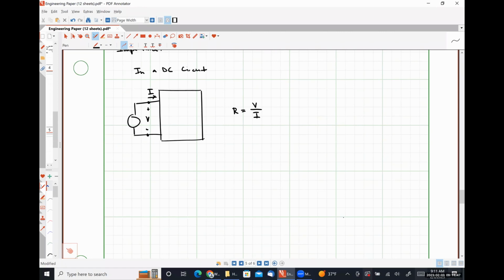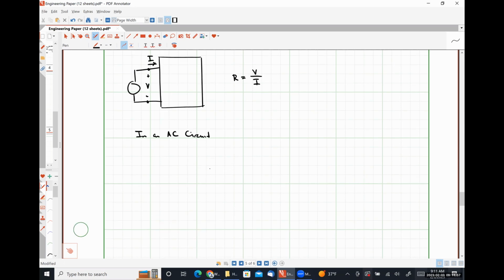there is a similar thing in AC circuits. So in an AC circuit or a steady state sinusoidal circuit, if we have our network and we sinusoidally excite it, it does not matter if we use a voltage source or a current source.